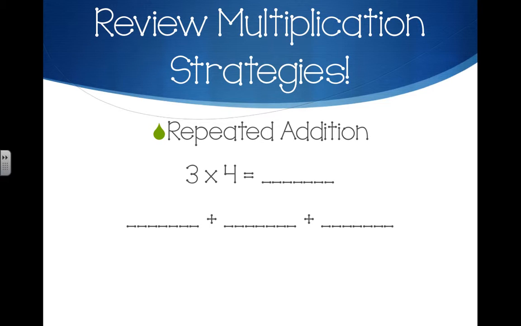If you think of this equation as 3 groups of 4, you can remember to draw your 3 lines to represent your 3 groups, and then each line will have 4, just like you would do for equal groups. Now if we skip count to add, we'll get our product. 4, 8, 12. Our product for 3 multiplied by 4 is 12.